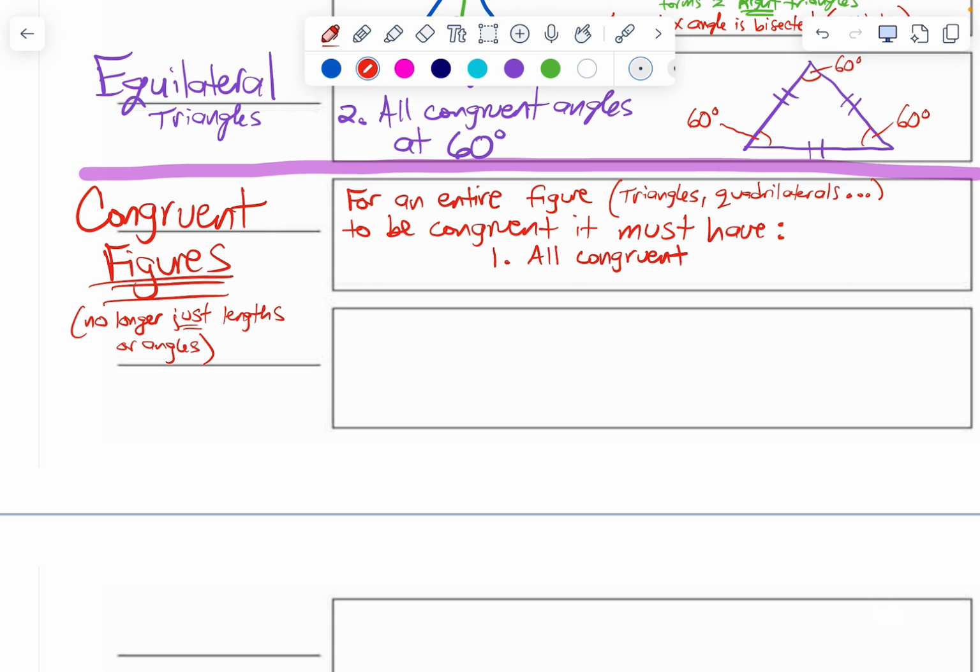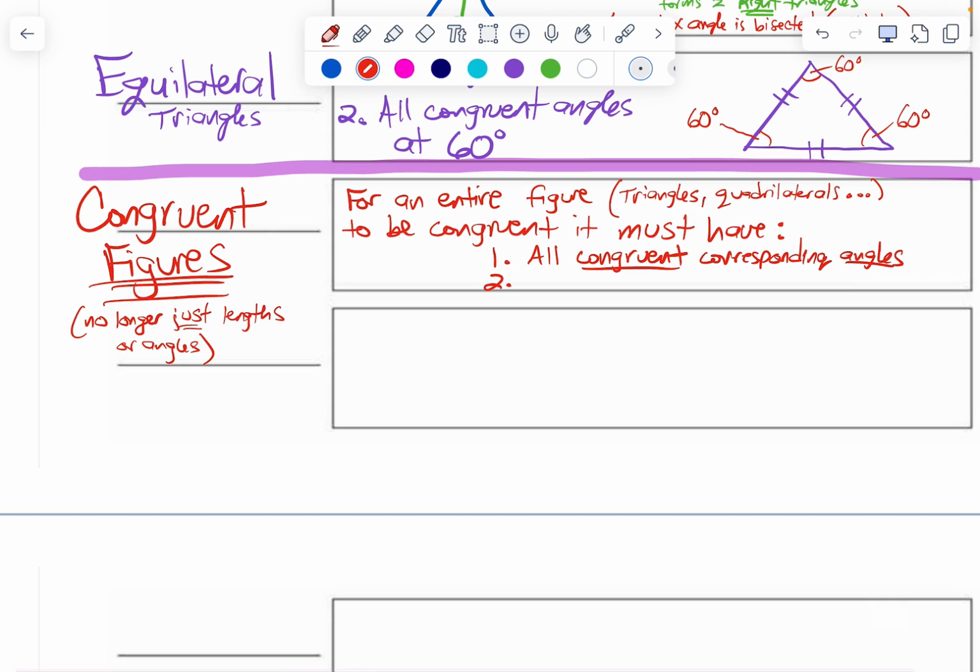There we go. All congruent corresponding angles. Corresponding means what in geometry? Yeah, kinda. Like in the same place in the figure. So on the same line.